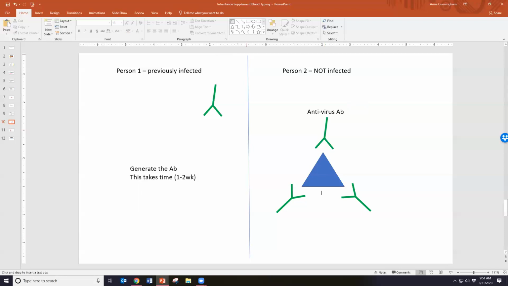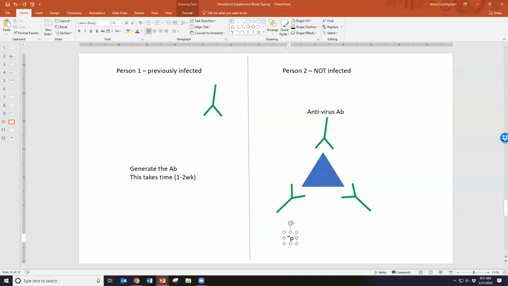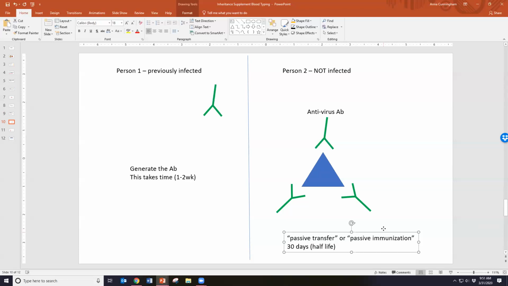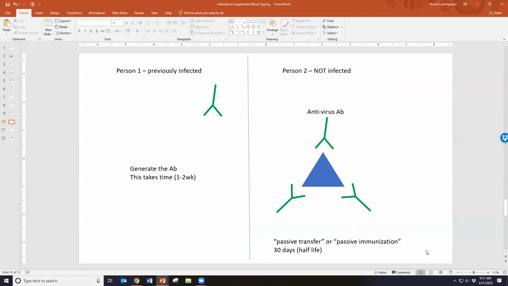The only issue with this is what is called passive transfer or passive immunization. And these antibodies are typically only good for about 30 days. So this is not the technology that we use for vaccines, where we try to get a person to generate long-lasting immunity.